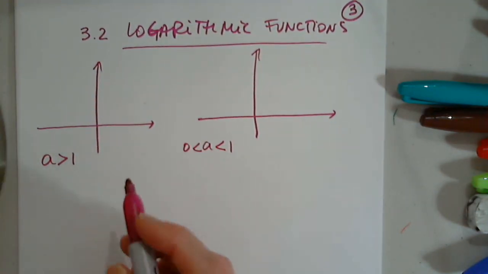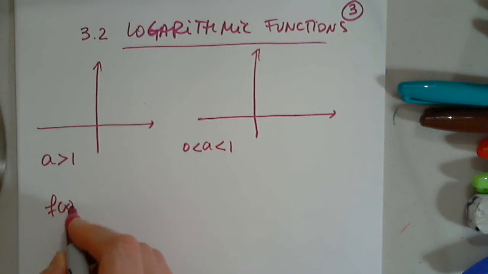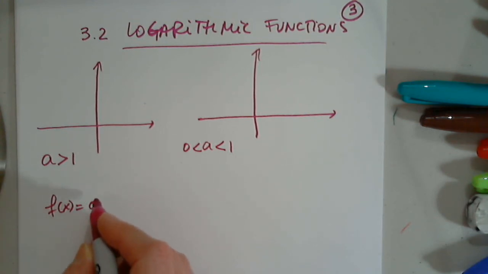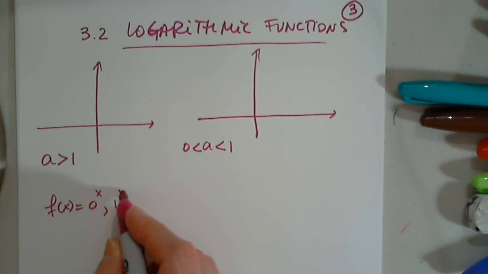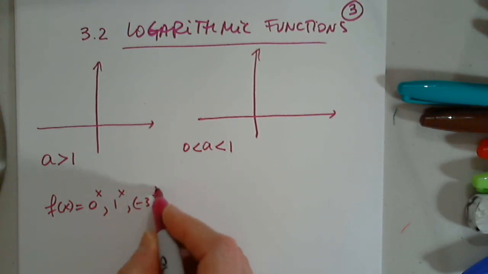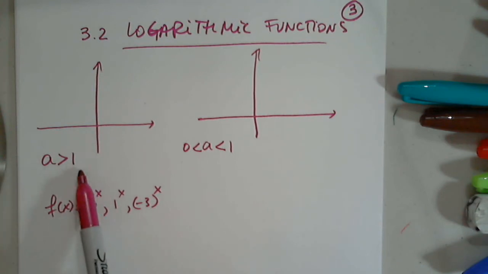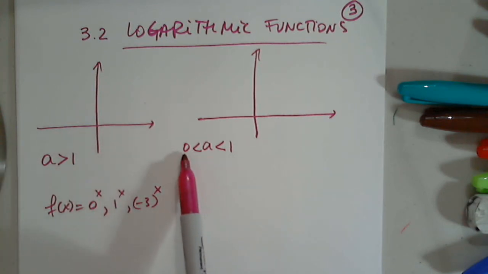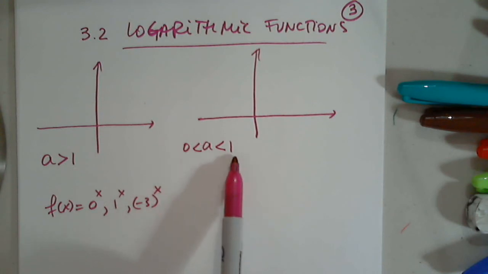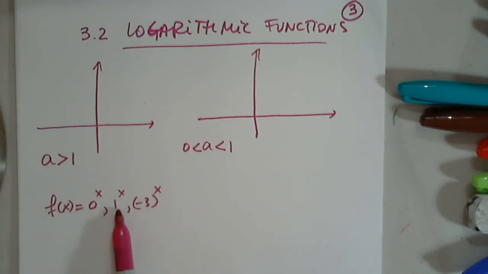And you could ask, how come I cannot have f of x equals 0 to the x, or 1 to the x, or -3 to the x? Because as you see, the base is strictly greater than 1 or between 0 and 1: not 0, not 1, not negative.